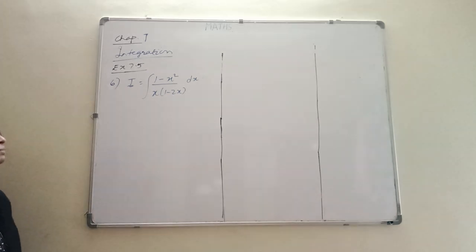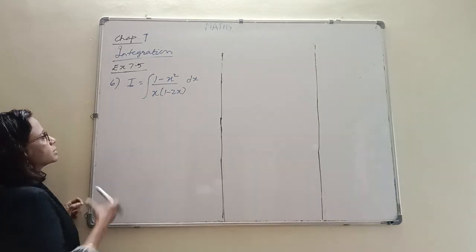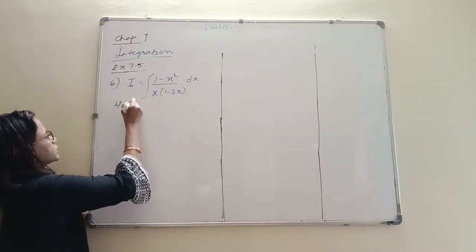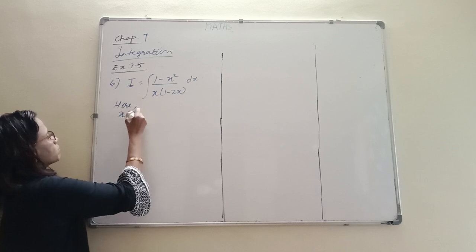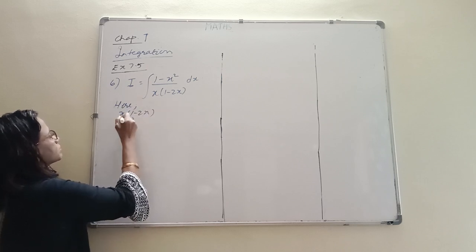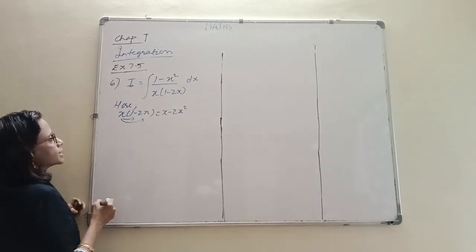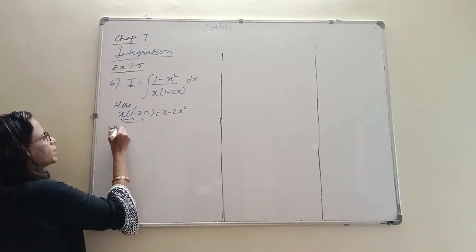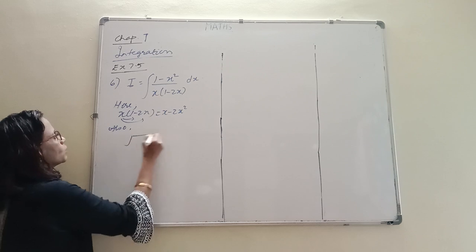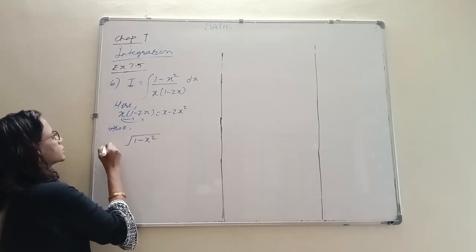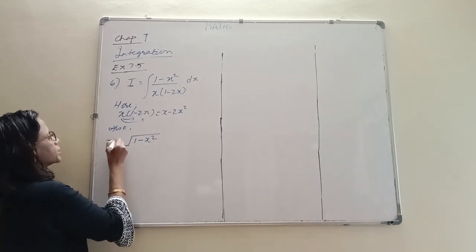So right away, let's see what quadratic this is. We have x times (1 minus 2x), which is x minus 2x squared. As I told you, let's divide 1 minus x squared by x minus 2x squared.